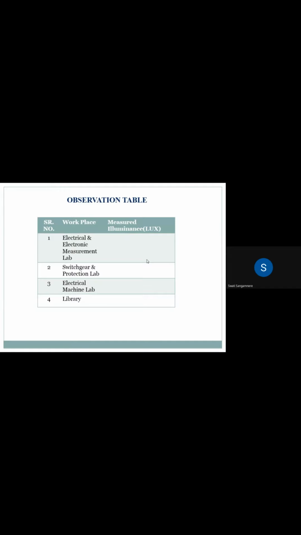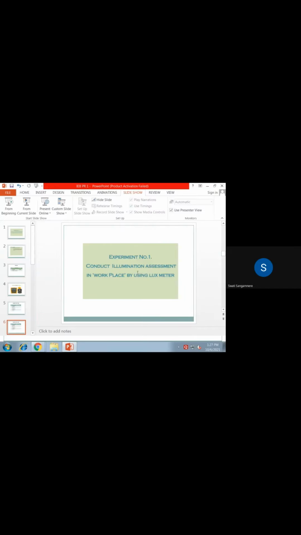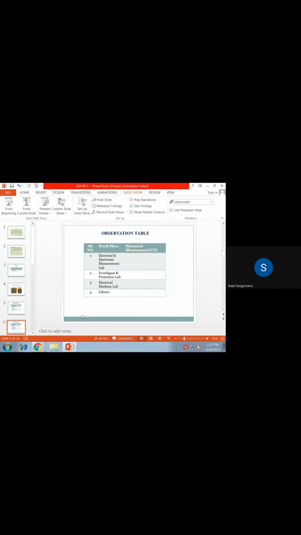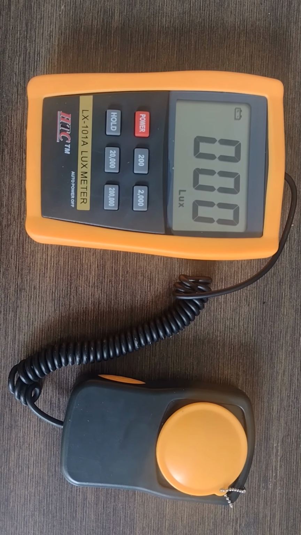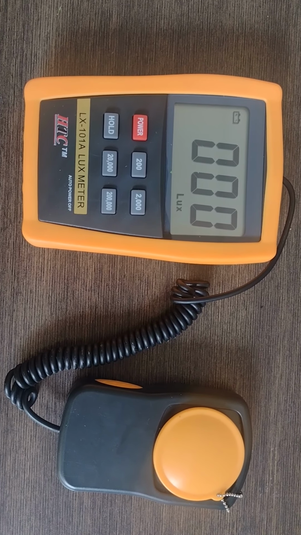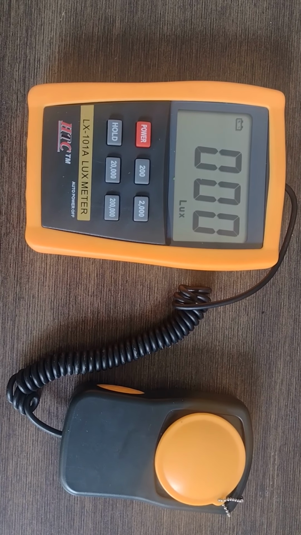Then we can measure the illumination level at different workplaces by using the lux meter.